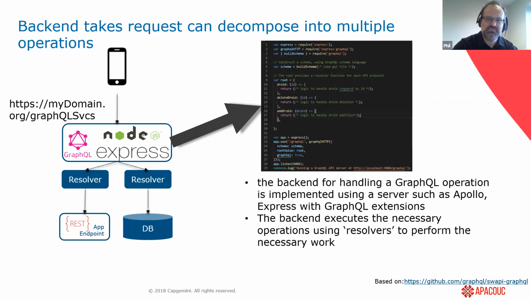And they can be spread over multiple backends. So as you can see in this little example, one is going to a RESTful endpoint, and another one's going directly to a database. But the consumer doesn't know nor care about that. All they're interested in is your graph schema.